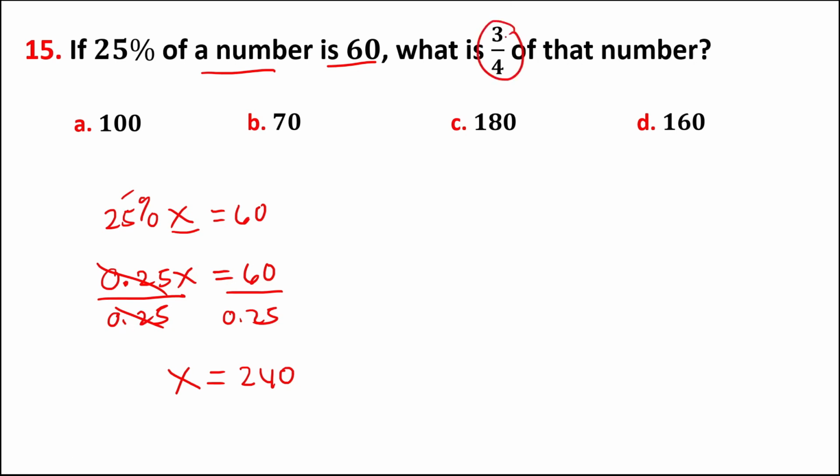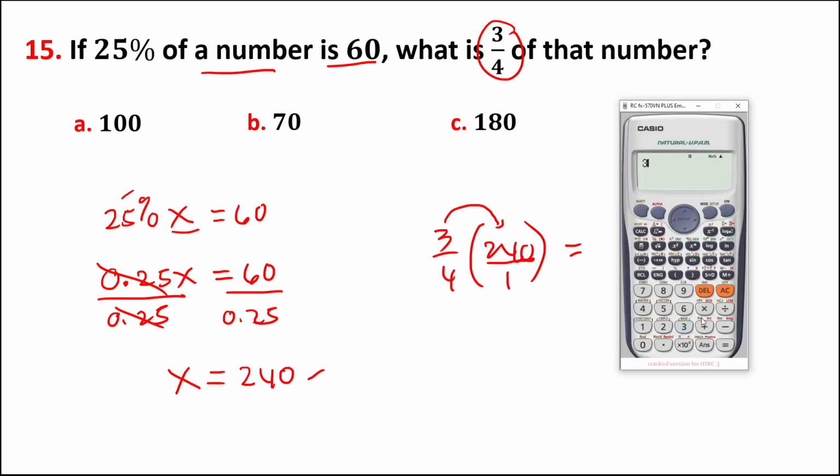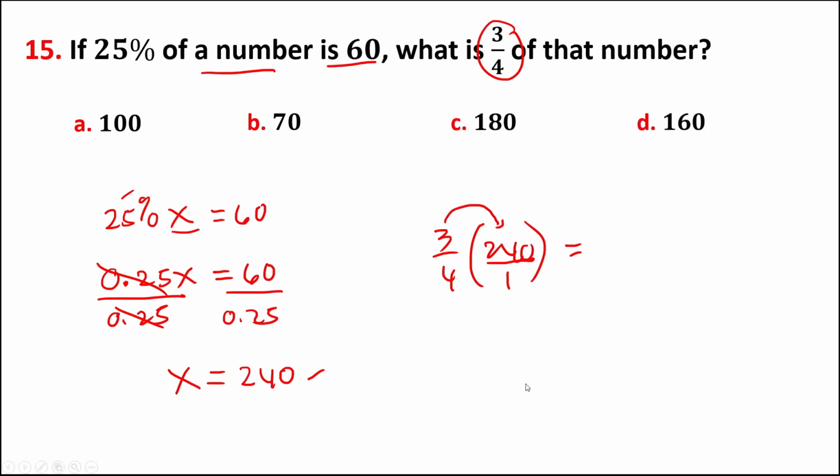Then to find 3/4 of this number, 3 over 4 of 240. This becomes 3 times 240 over 1, 4. And 3 times 240 is 720.